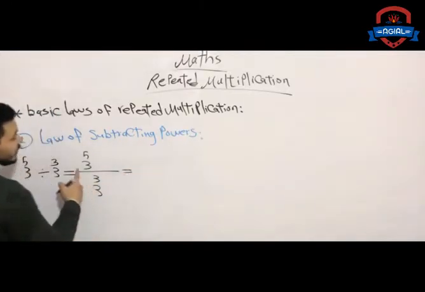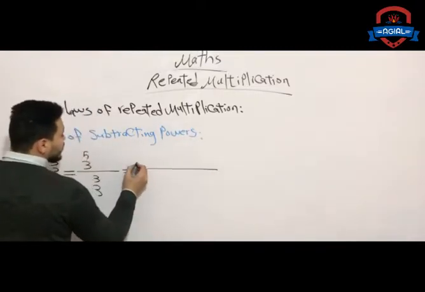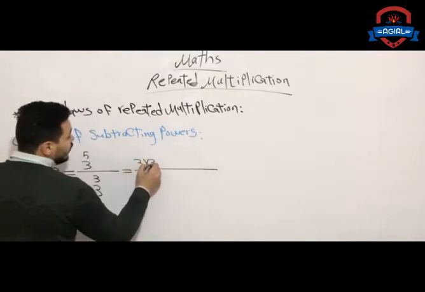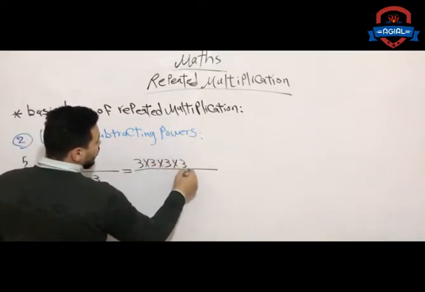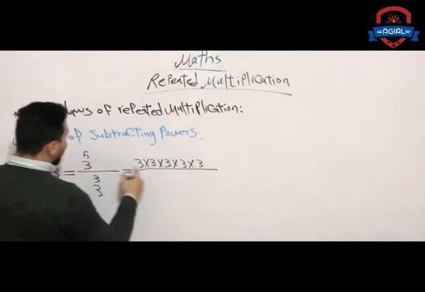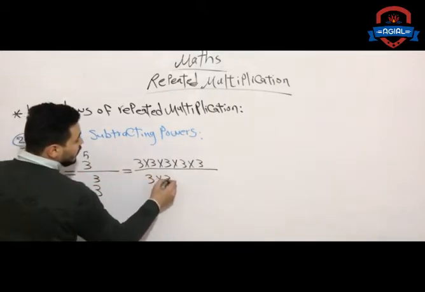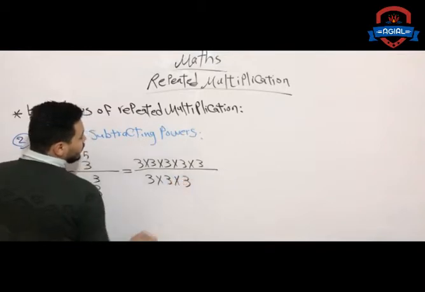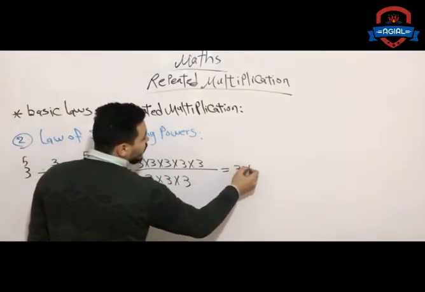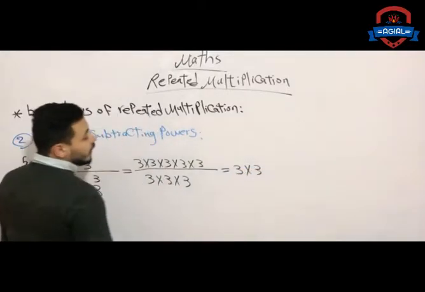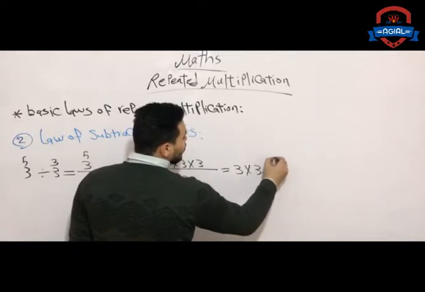We know that 3 to the power of 5 equals 3 times 3 times 3 times 3 times 3, 5 times, over 3 times 3 times 3, and this fraction equals 3 times 3, and 3 times 3 equals 3 to the power of 2.